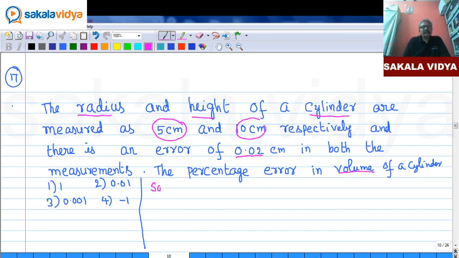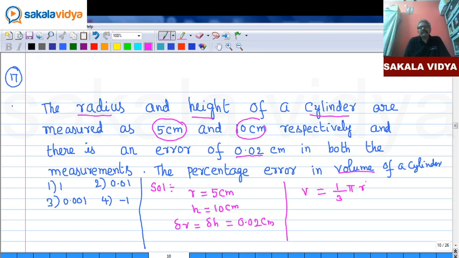What is given: radius of the cylinder r is 5 centimeters, height h is 10 centimeters, delta r equals delta h equals 0.02 centimeters. We need to find first the volume of the cylinder, 1 by 3 pi r square h.